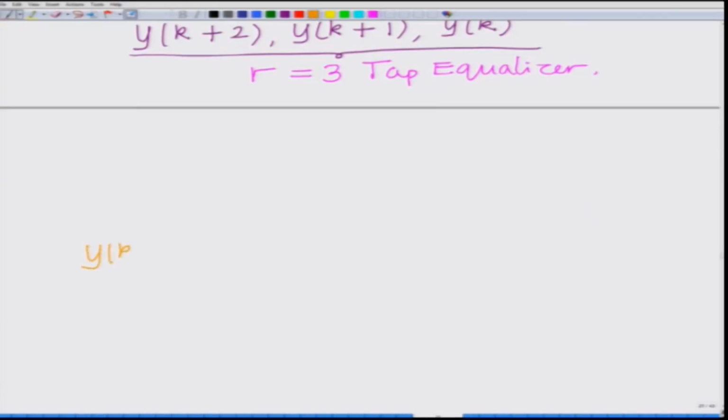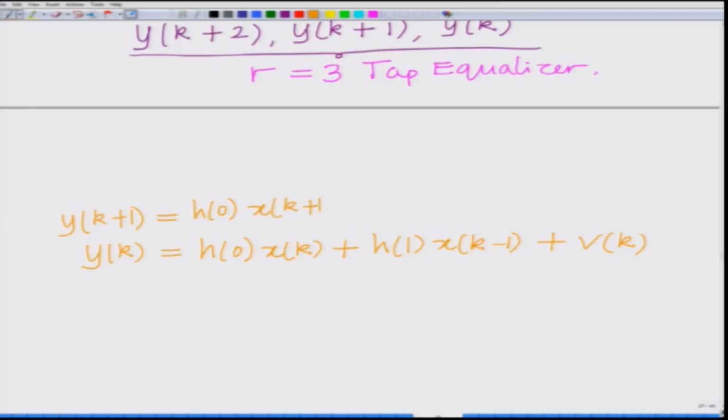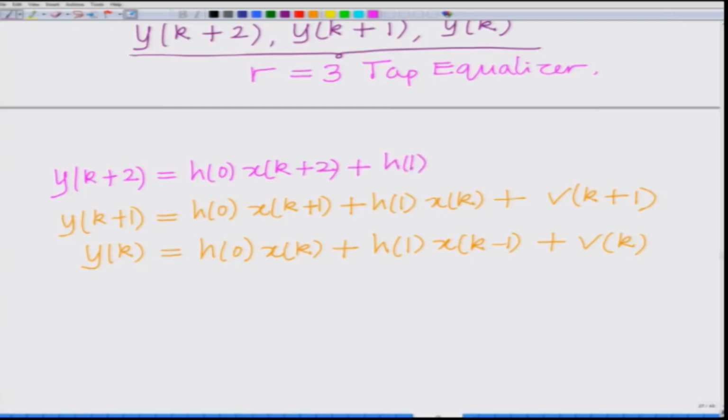So, yk equals h0 xk plus h1 xk minus 1 plus vk, yk plus 1 equals h0 xk plus 1 plus h1 xk plus vk plus 1, and yk plus 2 is h0 xk plus 2 plus h1 xk plus 1 plus vk plus 2.